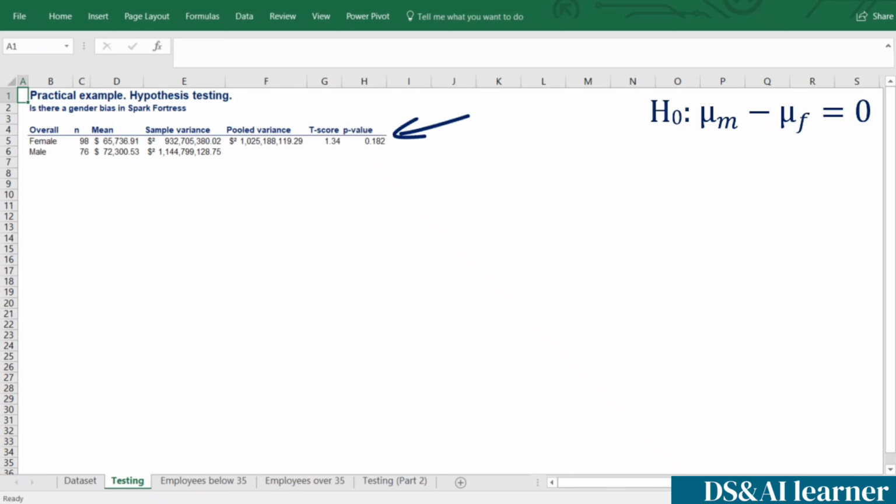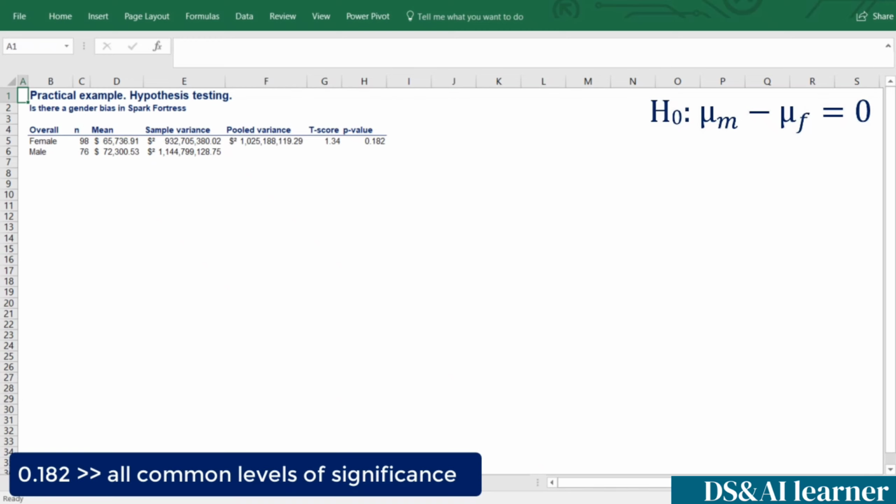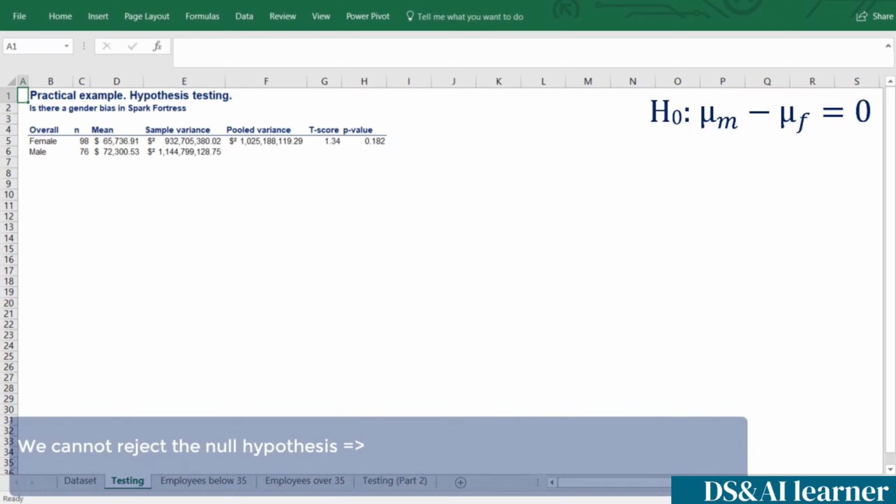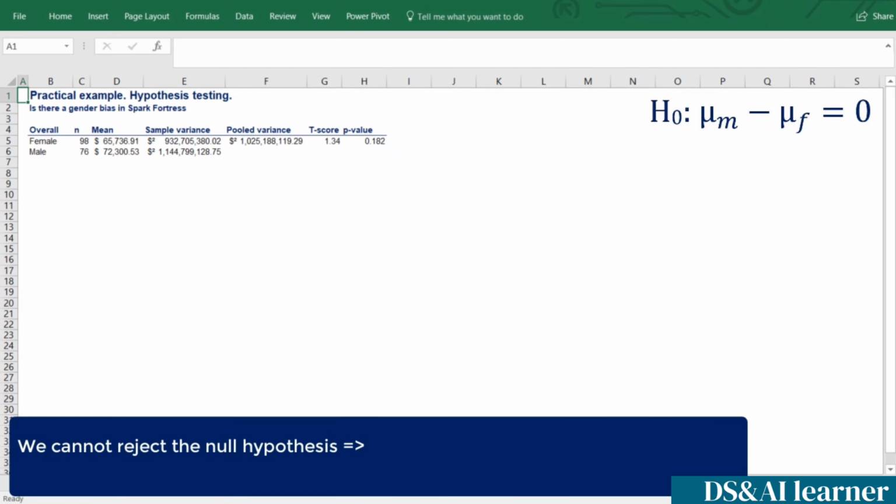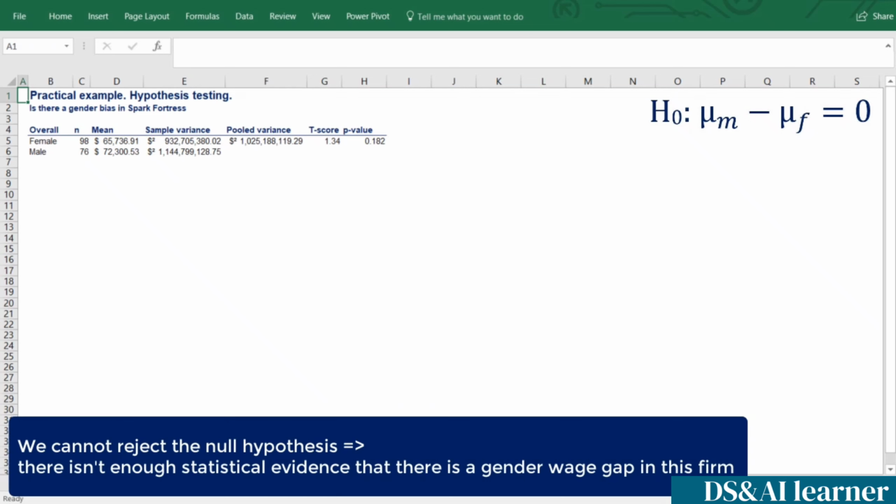It's 0.182. The p-value is much greater than all common levels of significance. We conclude that we cannot reject the null hypothesis. There isn't enough statistical evidence that there is a wage gap in this firm. Now that's cool. Spark Fortress seems like a nice place to work at.